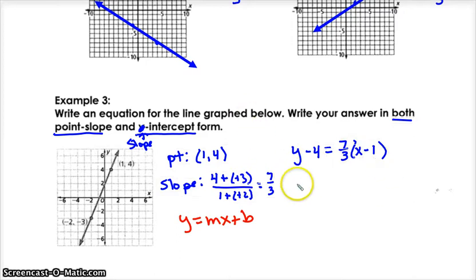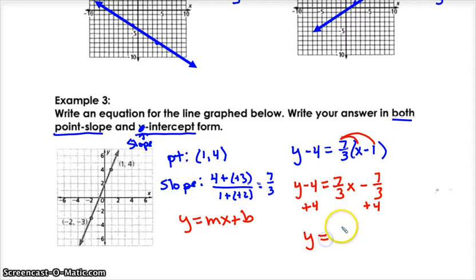So here it goes. Y minus 4 equals 7/3 x minus 7/3. To get y all by itself, I need to add 4 to both sides.